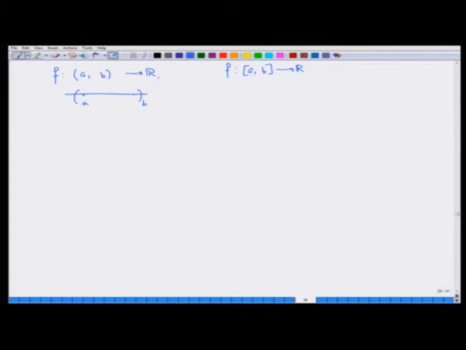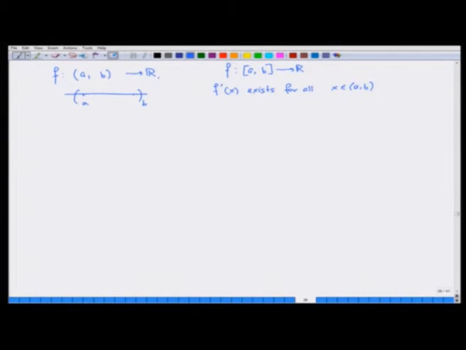Now there is some remark that I want to make when you are talking about this. When I say the derivative exists for a function from a closed interval a to b to R, it means f dash x exists finitely for all x in the open interval.